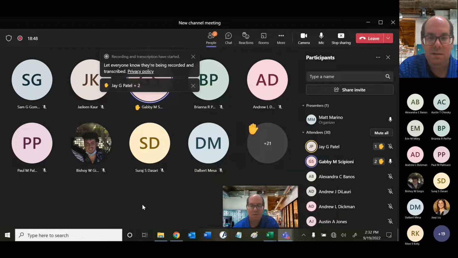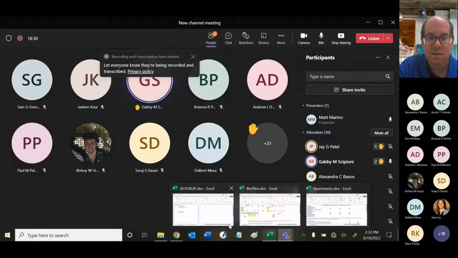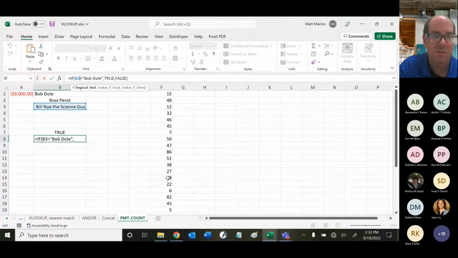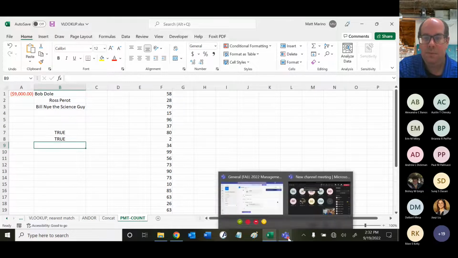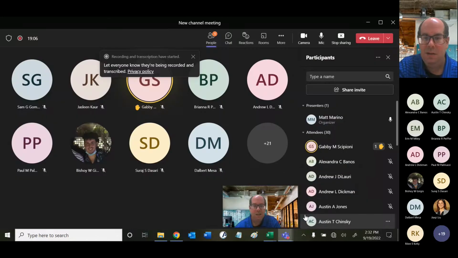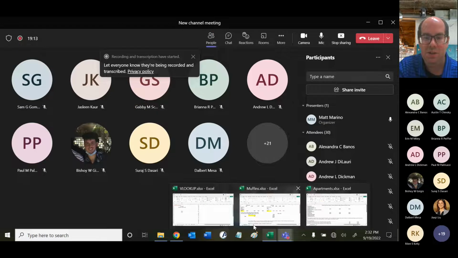You would change B3 to Bob Dole. I would change it to Bob Dole, which is in B1. And we make that simple change, and now it's true. Make sense? We've kind of gone over much more advanced if statements so far, but I wanted to show you the basic gists of it.